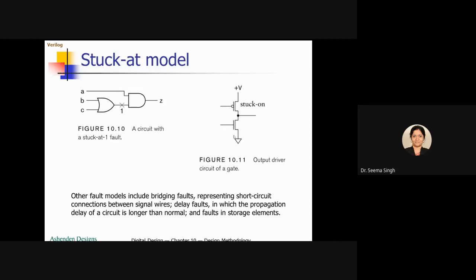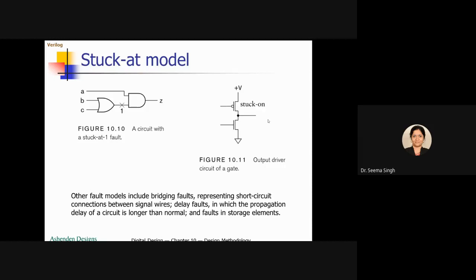The stuck-on fault was also discussed, in which one of the transistors is stuck on. In an inverter circuit, either the PMOS or the NMOS will be on at a time. But if your PMOS is stuck on, meaning it is permanently on, and for a specific case your NMOS also becomes on, it makes a voltage divider circuit.